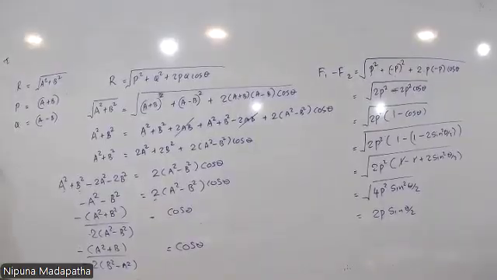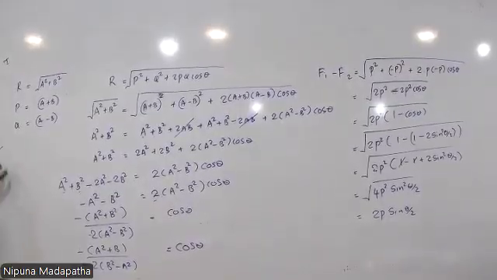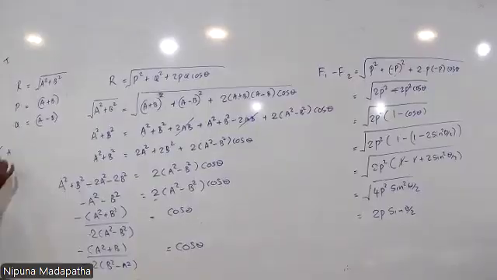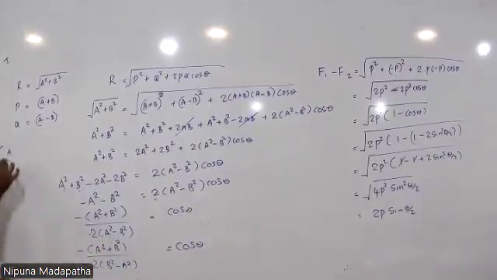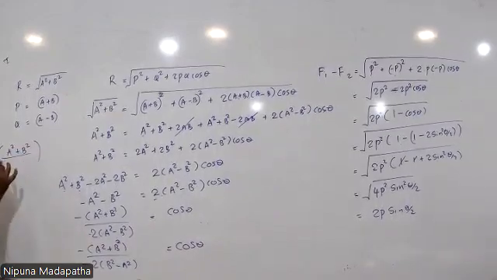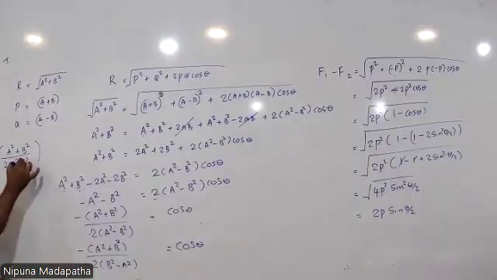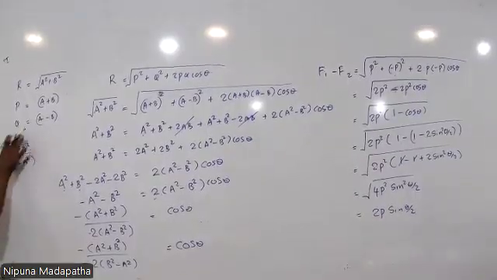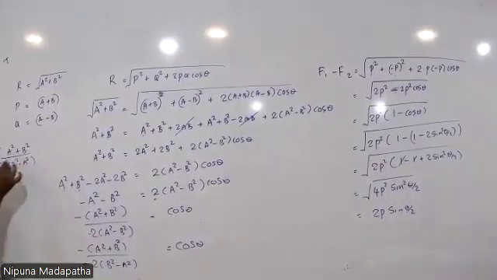Theta is cos inverse of A squared plus B squared divided by 2 times B squared minus A squared. The final answer.